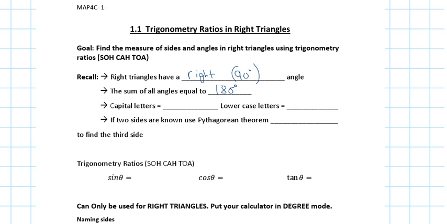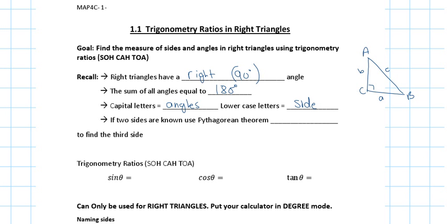So capital letters mean angles, and lowercase letters represent the sides. Remember, let's say I call the angles A, B, C: side a is across from angle A, side b is across from angle B, and side c is across from angle C. This is how we label, even if it's X, Y, and Z. Side x is going to be across from angle X.